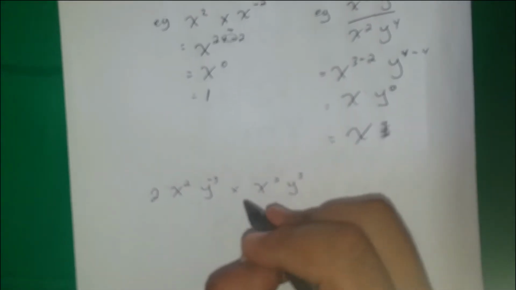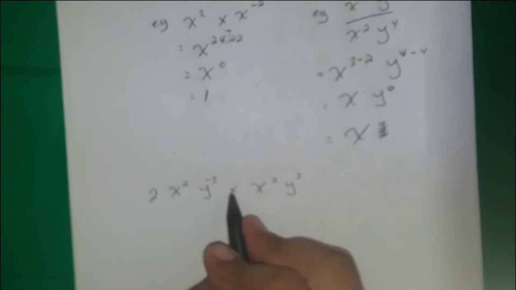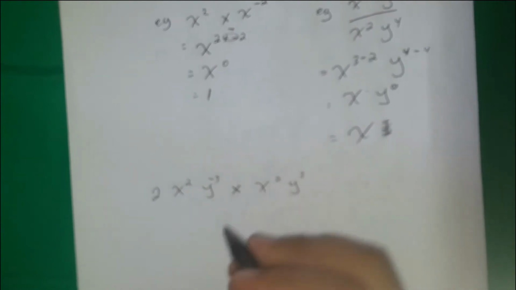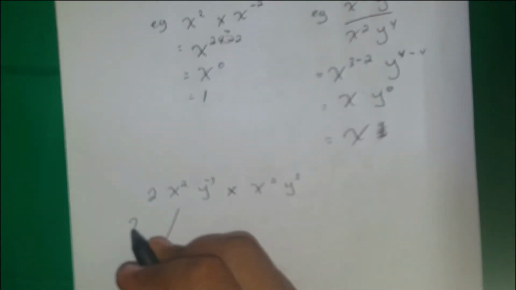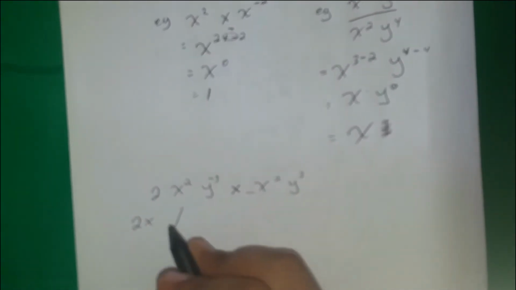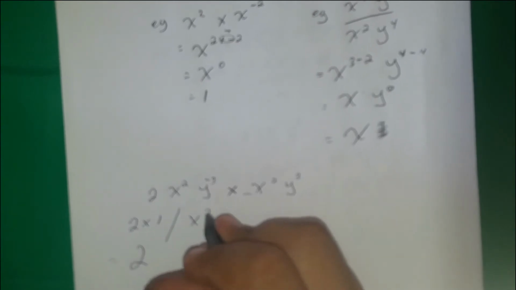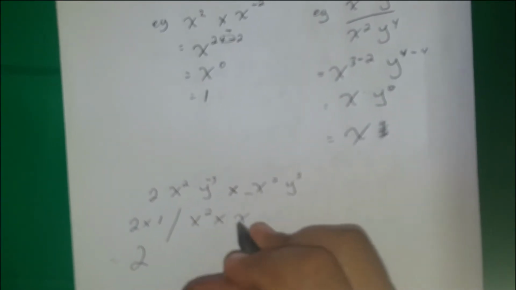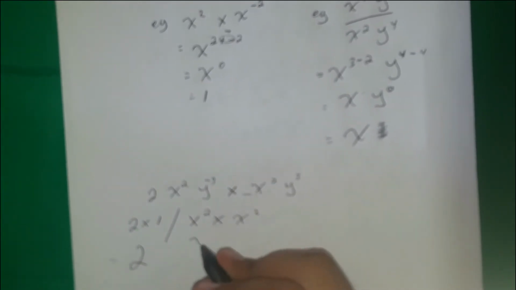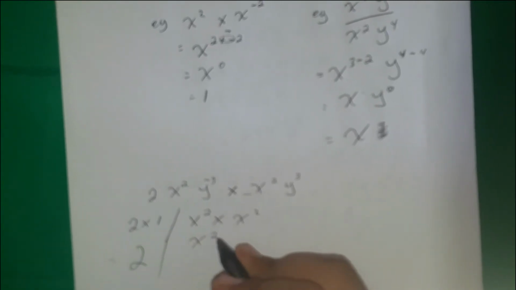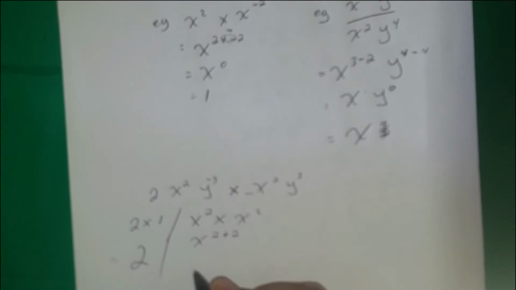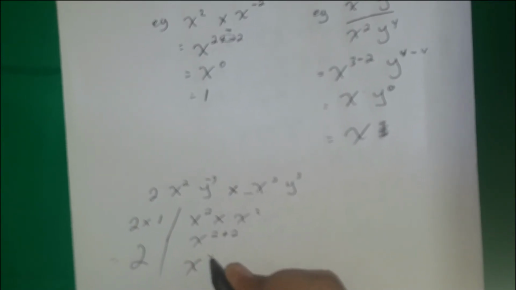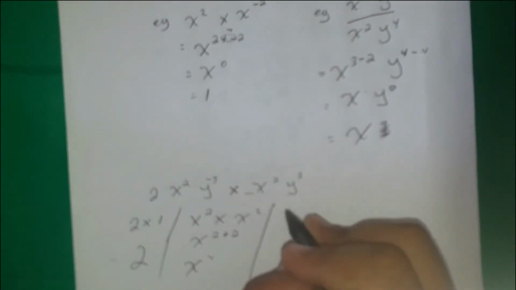In multiplication, we know that we will say 2 times, and then this is a 1, so your answer is 2 for the numbers. For the x, we have x to the second times x to the second. Multiplication says add powers, so that's 2 plus 2, you get x to the fourth. Done.